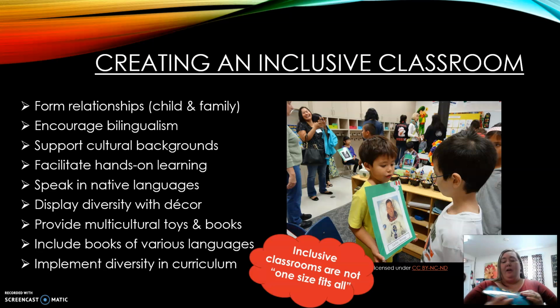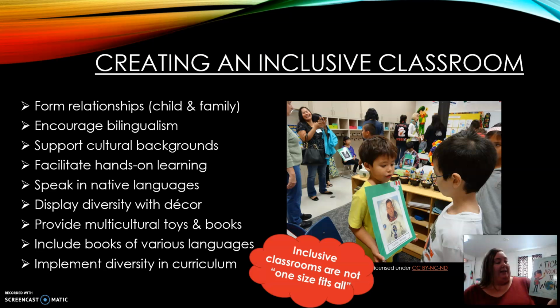For example, this is a great book called Whoever You Are. This book helps you to learn more about people around the world. It also teaches that we are all alike, and it's important to see people from different cultures. Another book that I like to read to children is called A Ticket Around the World.